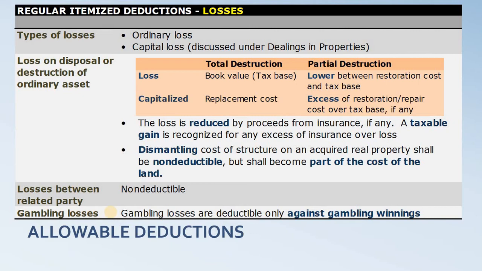So if there is a gambling loss, however, there is no gambling winnings to cover the loss, it cannot be deducted from gross income. Again, because the gambling loss failed to comply with the requirement that expenses must be necessary and ordinary in the course of the business of the taxpayers.